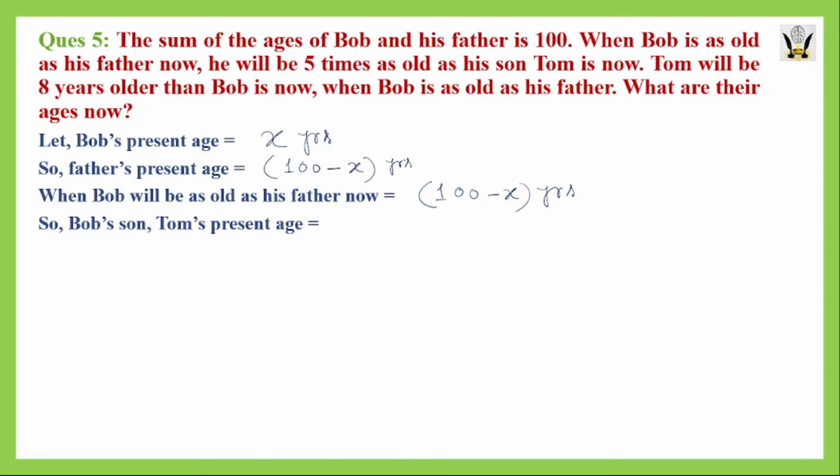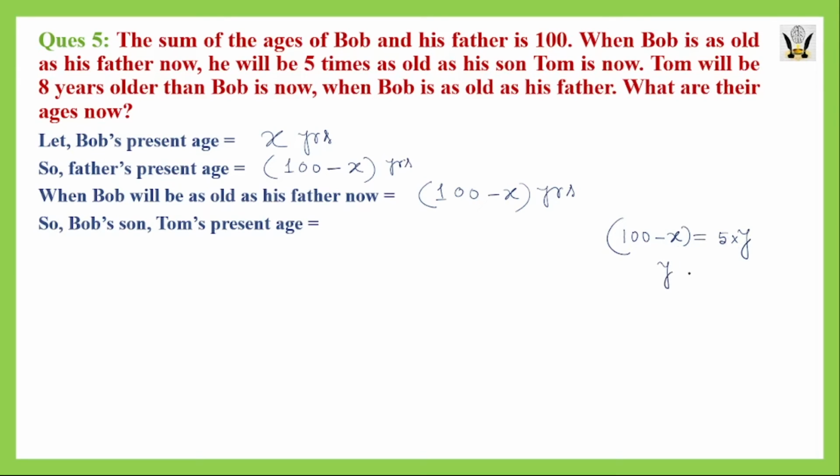That means if suppose Tom's age is y, then after those many years that age will be 5 times of Tom's current age. So 5 times of that current age of Tom will be equal to 100 minus x.